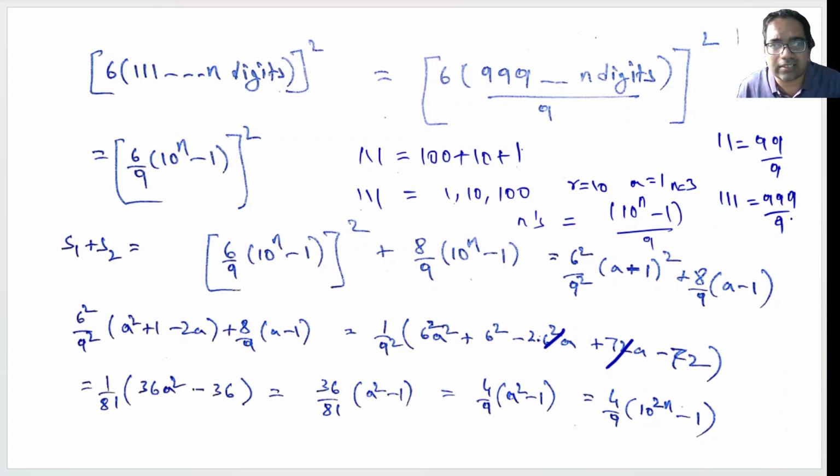Whether you look at it directly as nines by 9, or as 1 plus 10 plus 100 plus 1000 plus 10,000, this is a geometric progression. a is anyway 1, so 1 into 10 power n minus 1 by 10 minus 1. We are using the formula a times r power n minus 1 by r minus 1. Whichever way you look at it, you will get the same result. Right, guys? Hope you like this. Thank you.